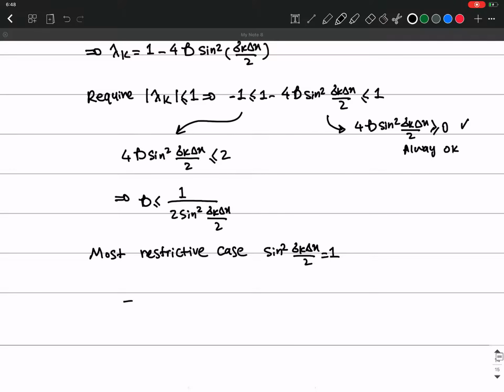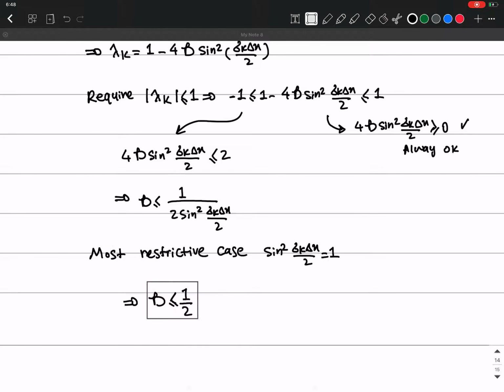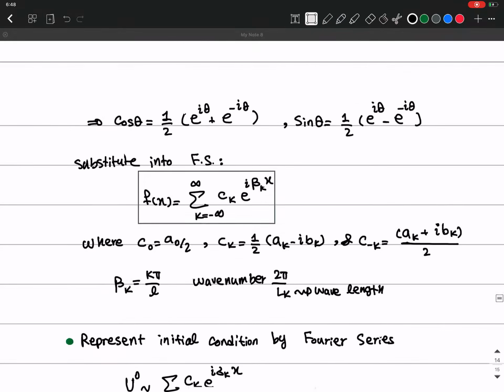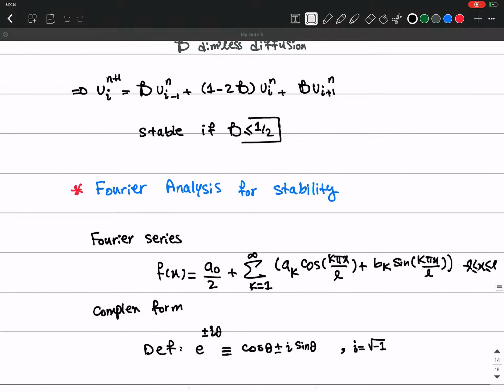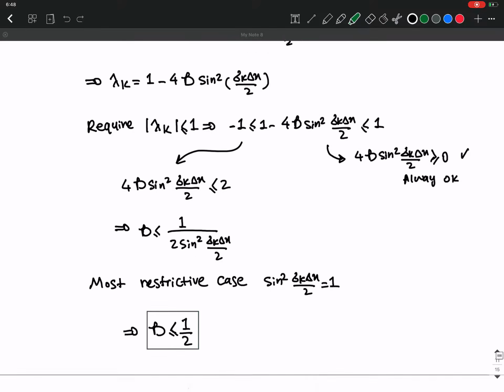So the most restrictive case tells us that d should be smaller or equal to 1/2. And this is what I already wrote before, right? Without proving that. This is the thing that we had here without any proof. But this is a formal proof of that and the formal stability criteria for that.